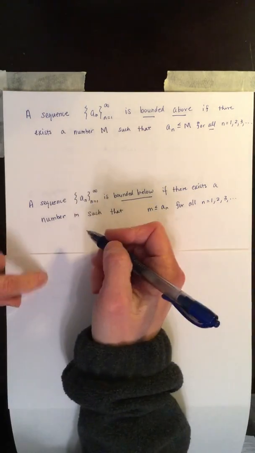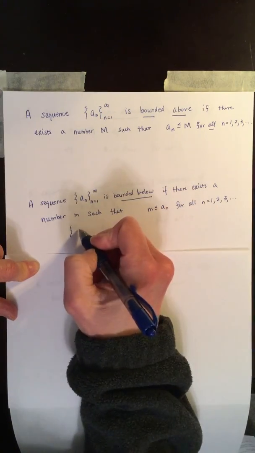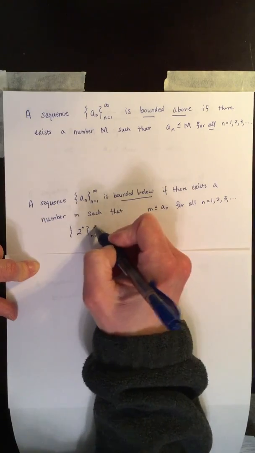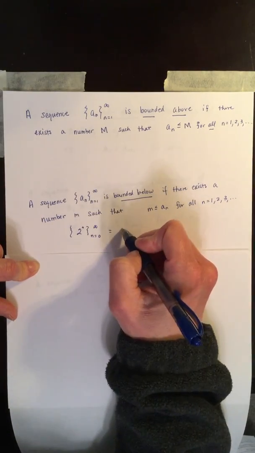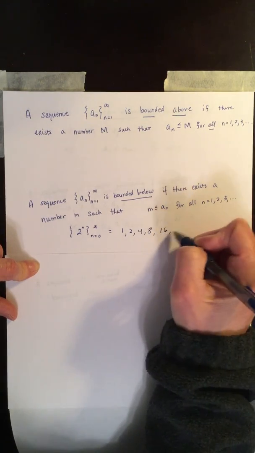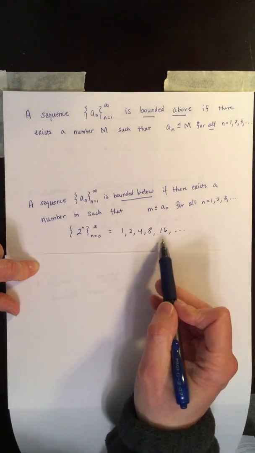So for example, I might consider 2 to the n going from 0 to infinity, and this would be 1, 2, 4, 8, 16, the powers of 2. Is this sequence bounded above?